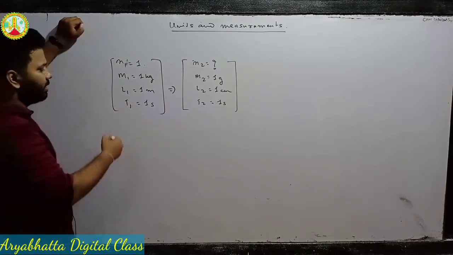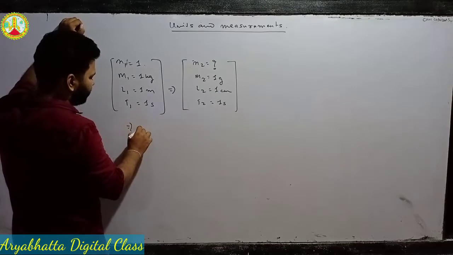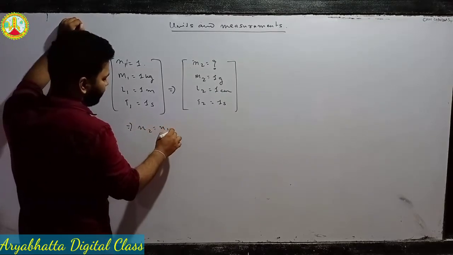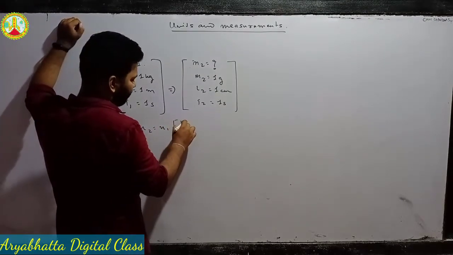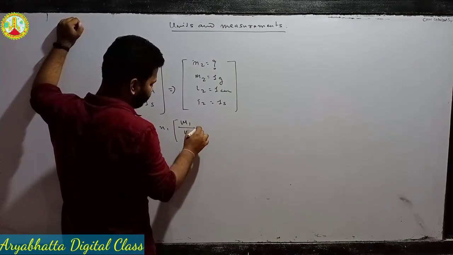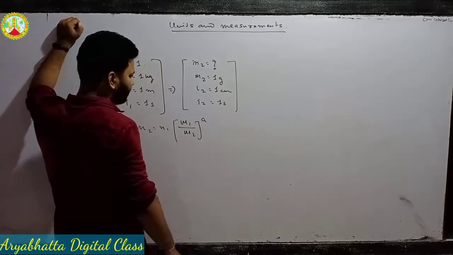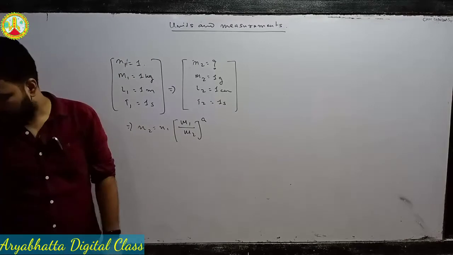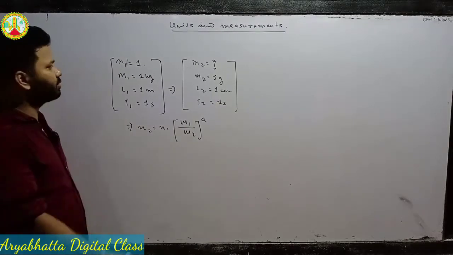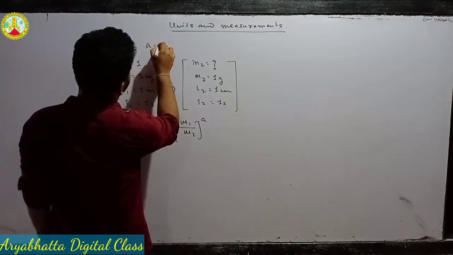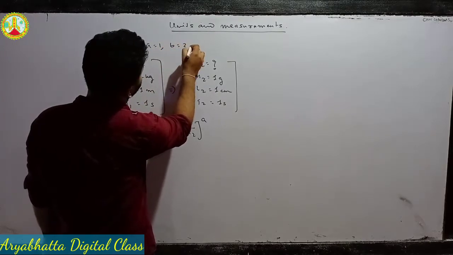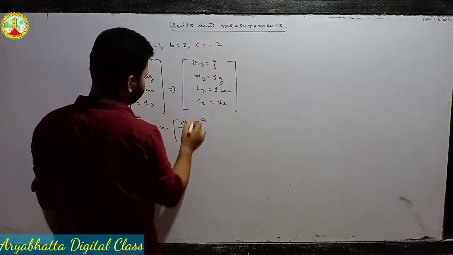So I already gave you a formula: n2 is equal to n1 into m1 by m2 to the power a. Okay, what are a, b, c here? Kg meter square per second square. So a is 1, b is 2, and c is -2.